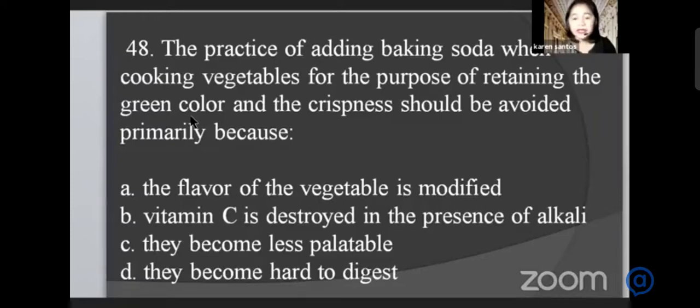Again, the practice of adding baking soda when cooking vegetable for the purpose of retaining the green color and the crispiness should be avoided primarily because it's A, B, C, or D. Okay, so what is the correct answer?